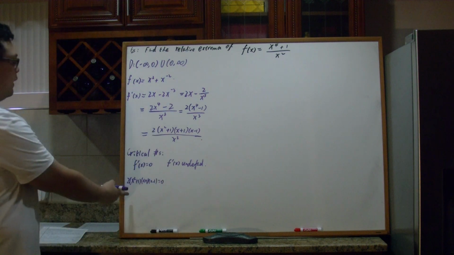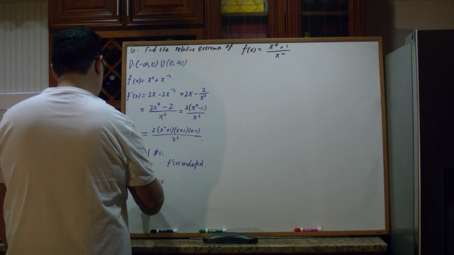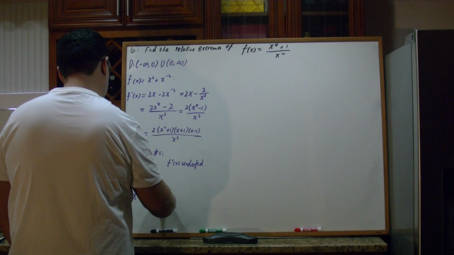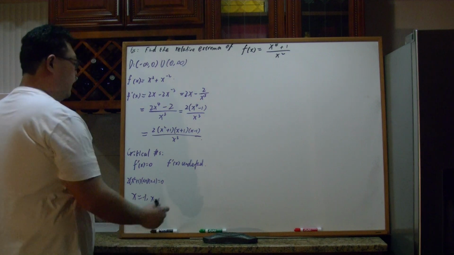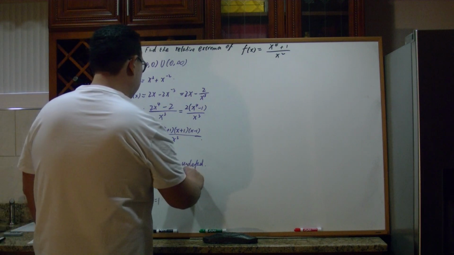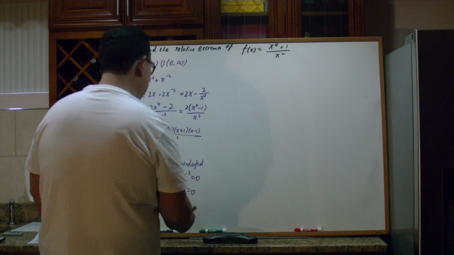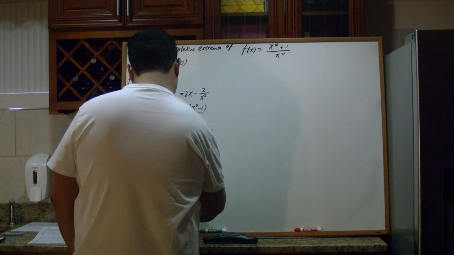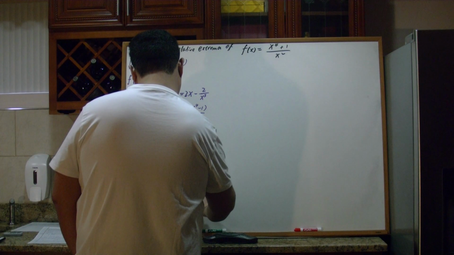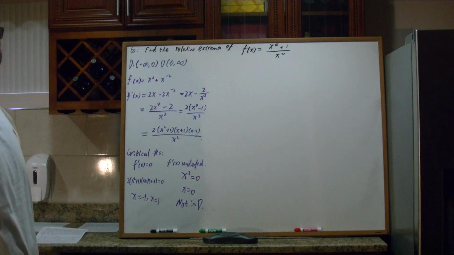We cannot have x squared plus 1 equal to 0. We have x to be negative 1, x to be positive 1 to make this equal to 0. Or f prime is undefined at x cubed equal to 0, that is x equal to 0. But this one is not in the domain.